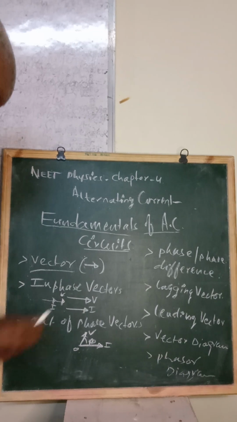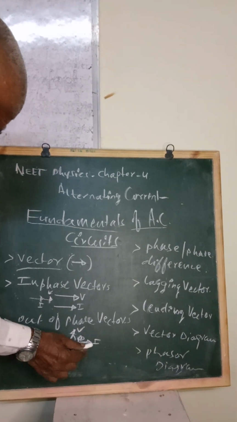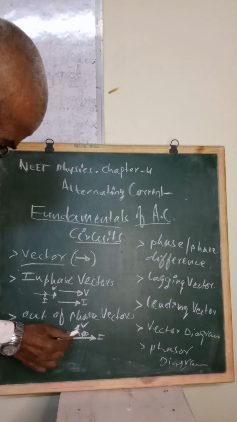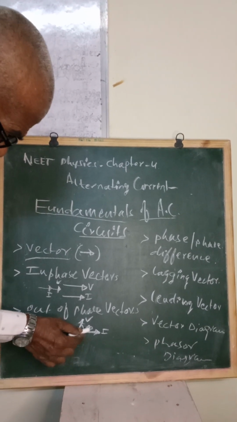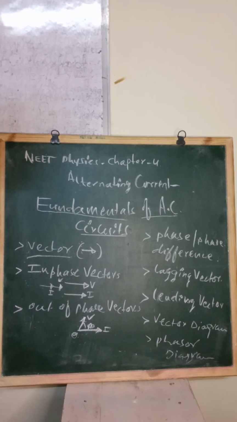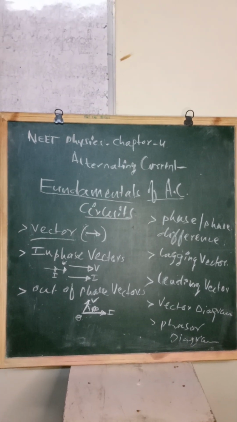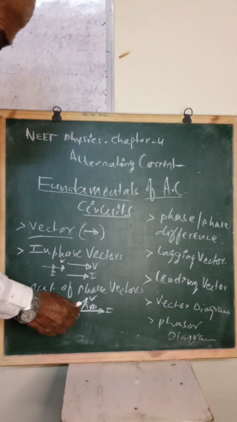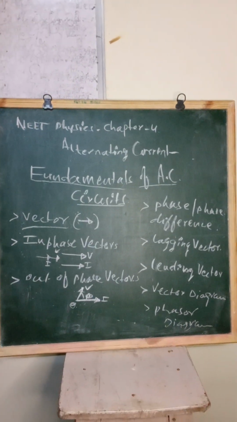Then what do we mean by out-of-phase vectors? If two vectors act at an angle, say alpha, beta, theta, etc., in different directions with equal or unequal magnitudes, they are called out-of-phase vectors, as shown here in the vector diagram.